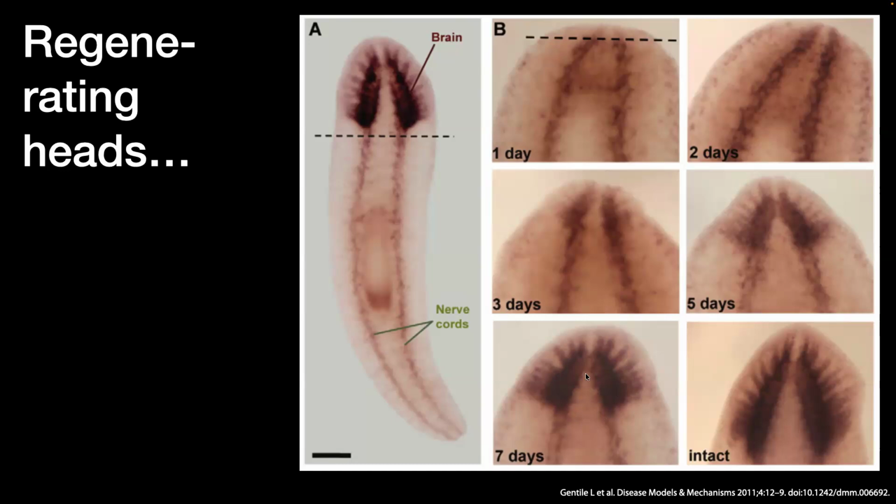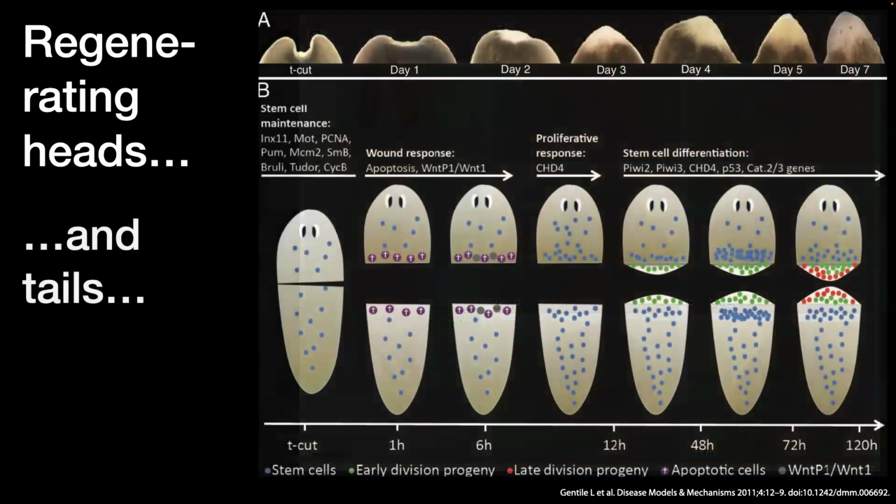So within a week, you've regenerated this anterior nervous system, and you can not just do it for the head, you also have the eye spots that can regenerate. And you also can see that if you cut away the head, its posterior end will start forming a blastema and then replenish the missing posterior end as well. So it's a very successful story of regenerative capacity in these planarians.